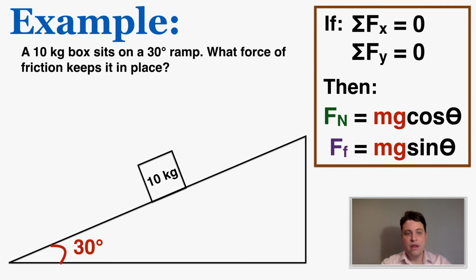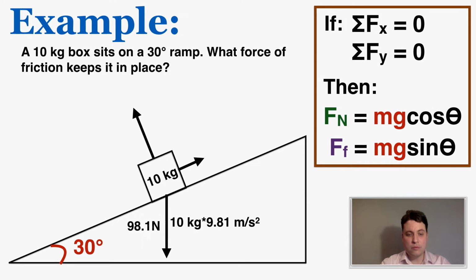So as an example, if we have a problem that asks, a 10 kilogram box sits on a 30-degree ramp, what force of friction keeps it in place, we can use these identities to figure it out. I can see that the force of gravity is going to be 98.1 newtons. And if I rotate the axes and find these new x and y components, I can say that this angle here is also 30 degrees by the rule that it's the same angle as the ramp itself.